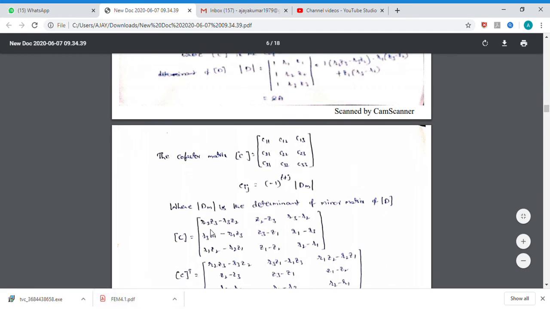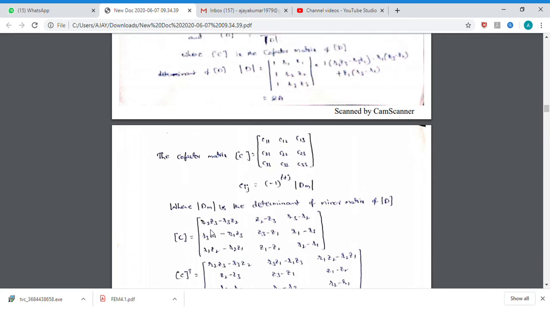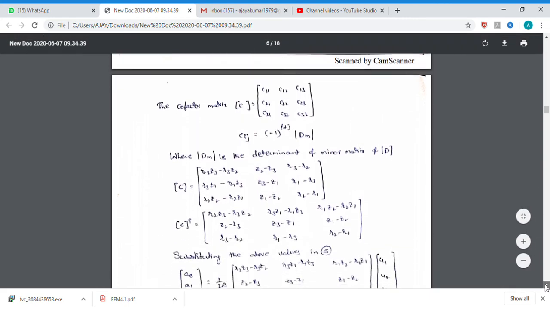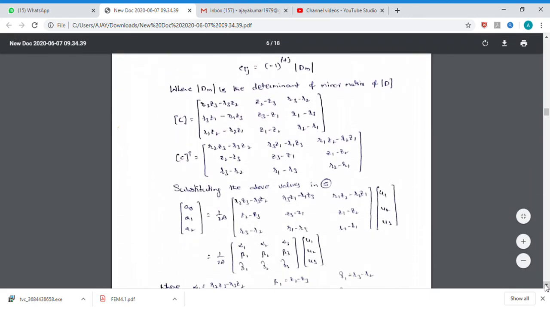Transpose means write the rows as columns and the columns as rows. So I wrote the vertical as horizontal and the horizontal as vertical. Okay, C transpose we got.